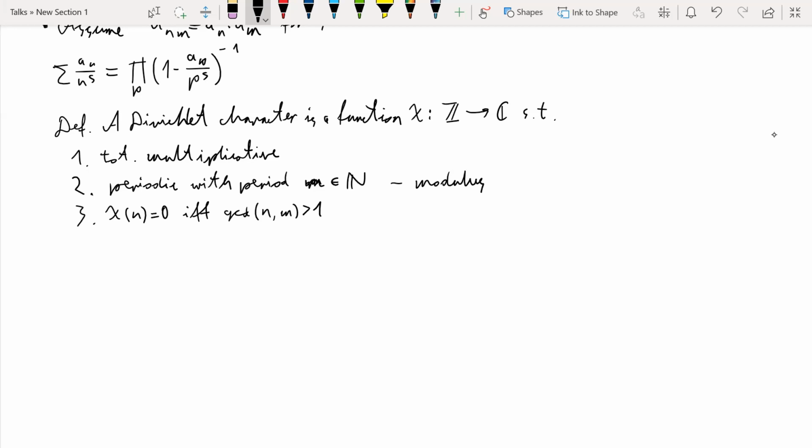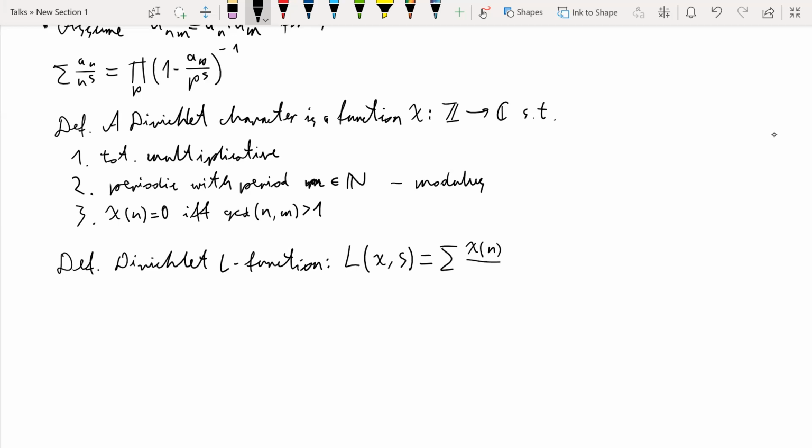Okay, and for such a function, we can consider the Dirichlet series with those coefficients, and we define the Dirichlet L series or L function, L of chi and s, given by a sum of chi of n over n to the power of s, whenever this makes sense.